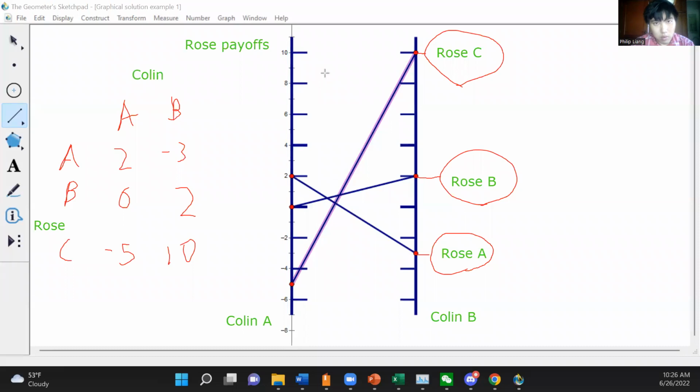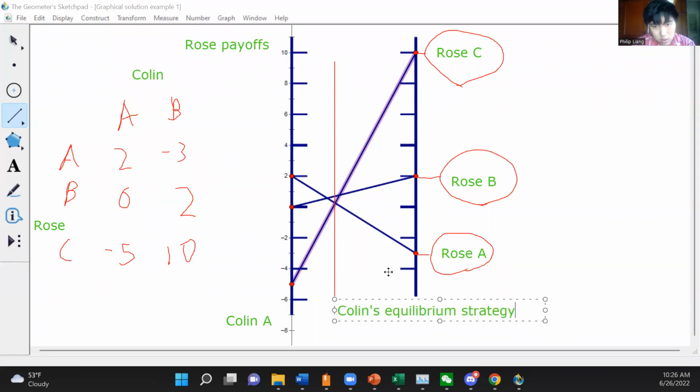We will therefore be able to argue that Colin's equilibrium strategy is represented by this red line.